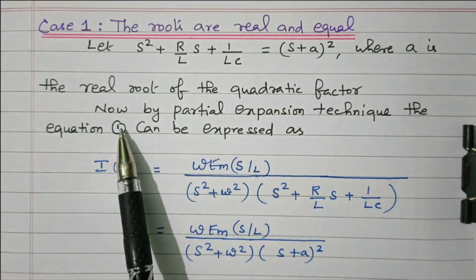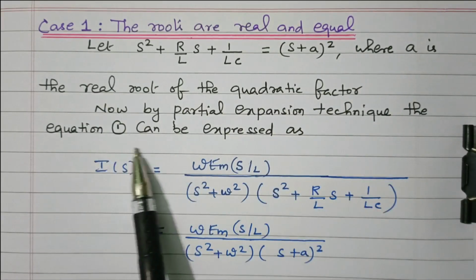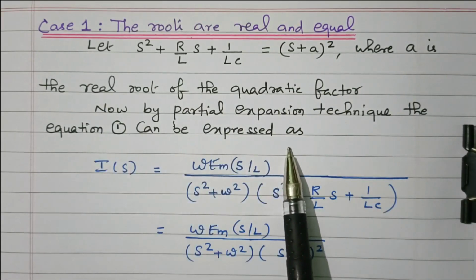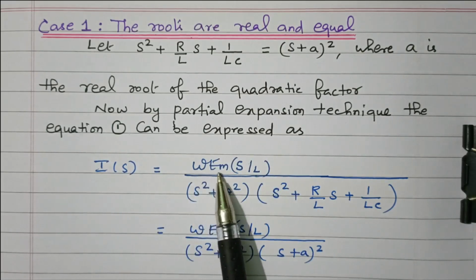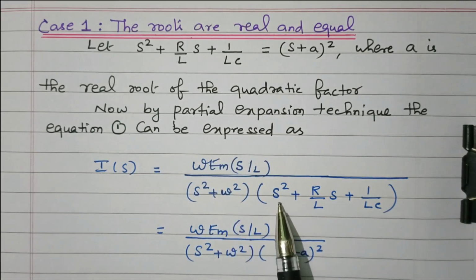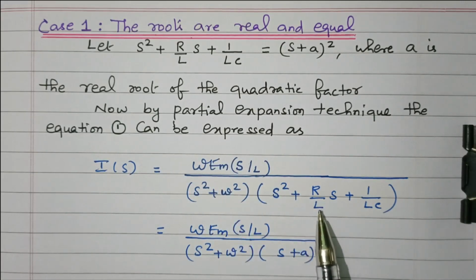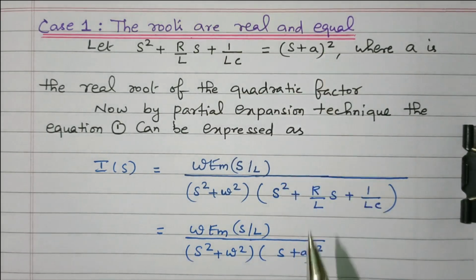Based on that, by the partial fraction technique, equation 1 can be expressed as I of s equal to omega Em s by L divided by (s square plus omega square) into (s square plus R by L s plus 1 by LC). This can be written as (s plus a) the whole square.